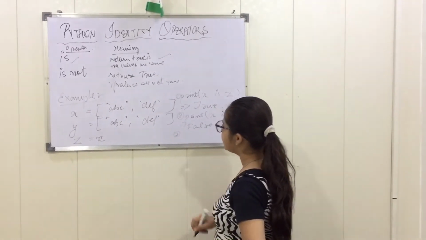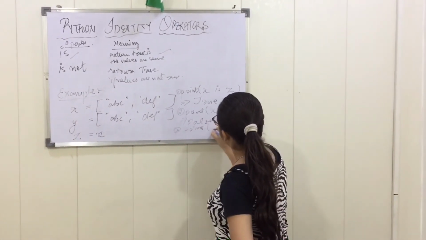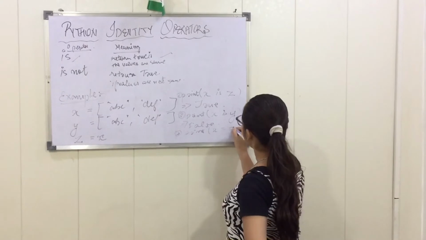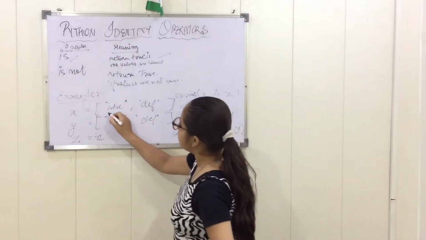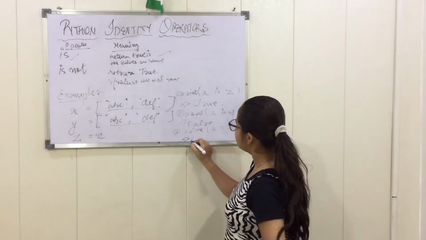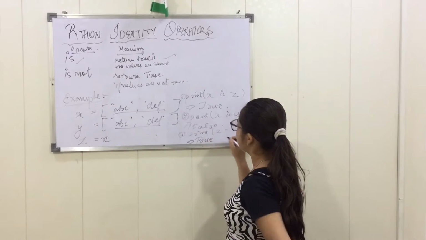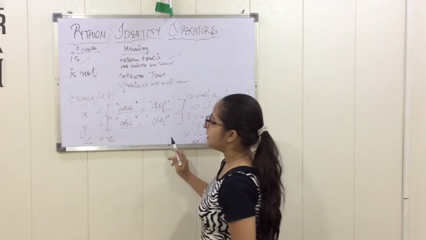The third one is print if X is equal to Y, then the values of X and Y are the same, so the answer is true. In this format we can use the is identity operator in Python.